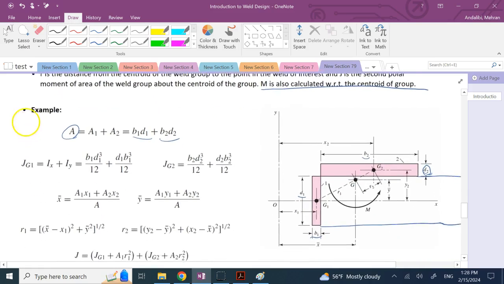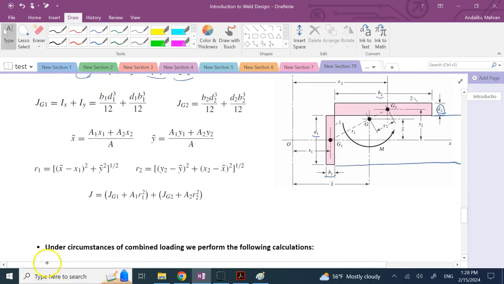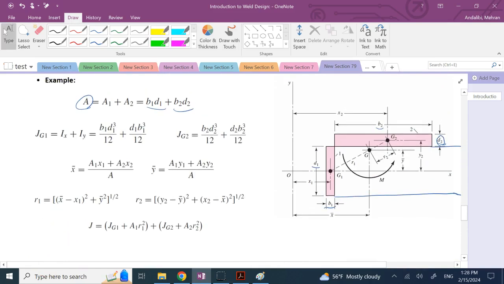You have to find the polar moment for each one of them. And what you do here is you calculate each one of them with respect to their own centroids, G1 and G2. So for this one, if you want to calculate J about centroid G1, we have to find I of XX and I of YY, then add them together.